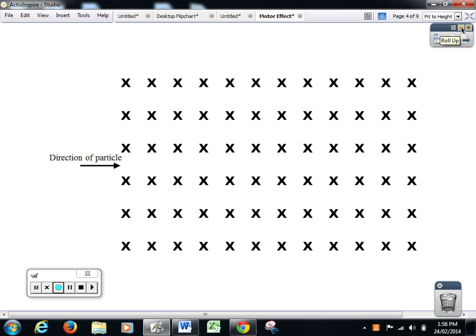Now, a positive particle enters the magnetic field. Out here, the positive particle, now the proper name of a positive particle is a proton, isn't it? Outside of the magnetic field, does it experience any force? No. It simply is going to travel in a straight line. If it's moving that way, it will keep on moving in that direction.